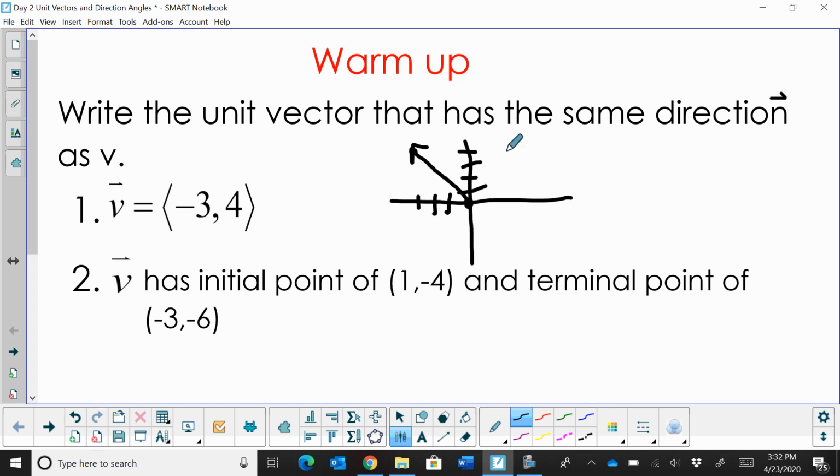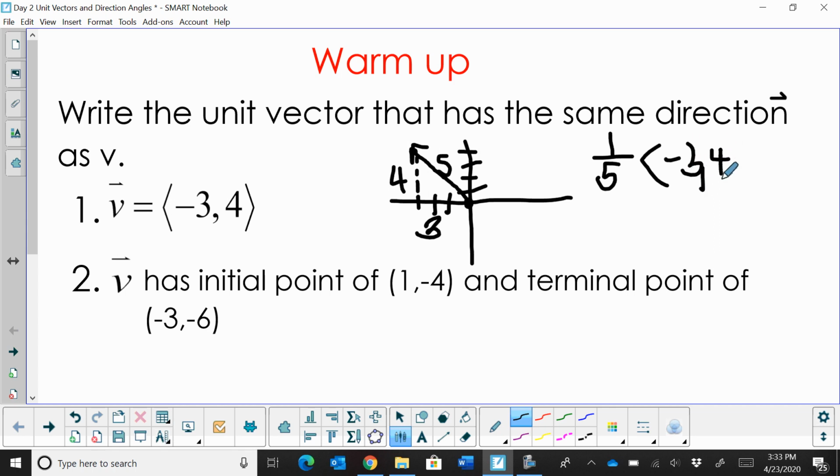Now, to find the unit vector, I first have to find the magnitude. Well, I hope you recognize this as a 3, 4, 5 right triangle. So that means my magnitude is 5. So I'm just going to take 1/5, so 1 over the magnitude, times the vector itself.